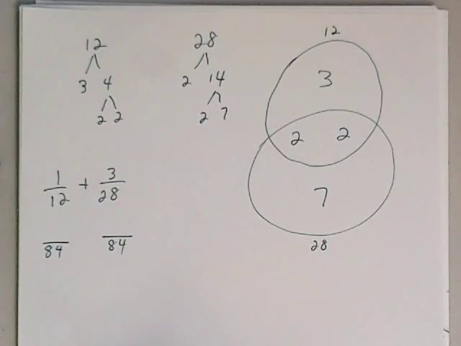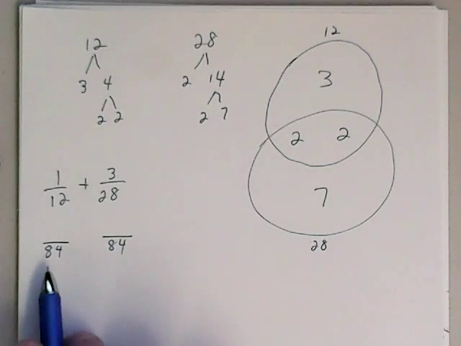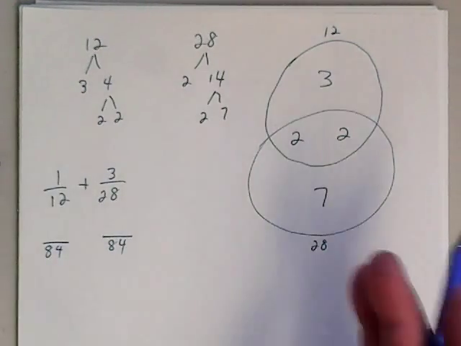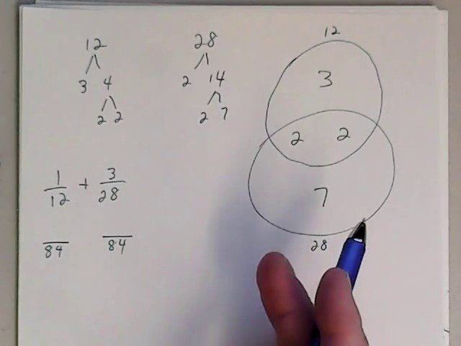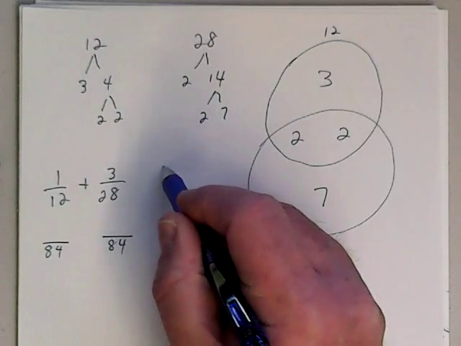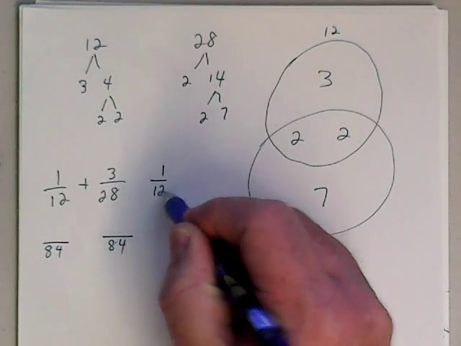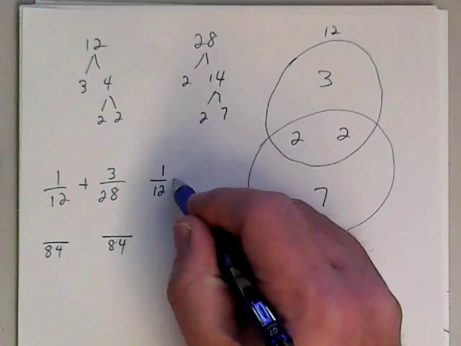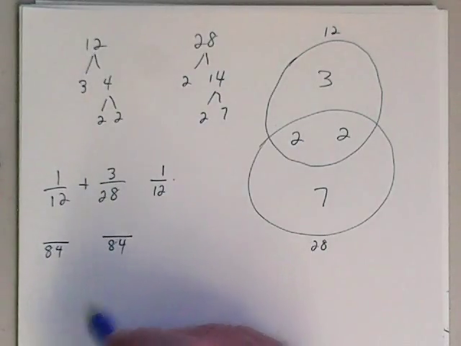Well, how do you do that? What's the number that I can multiply by that will not change anything? That's the identity of multiplication. So I'm going to rewrite this and say, well, I need to get this 1/12 to change to something over 84.